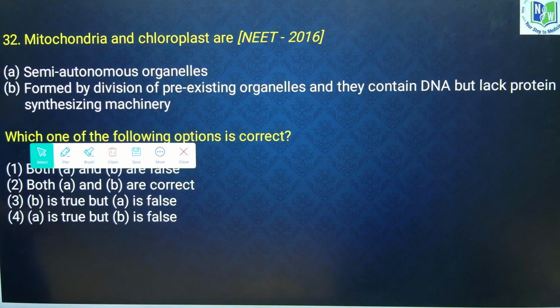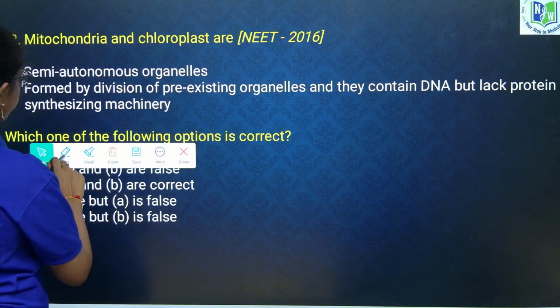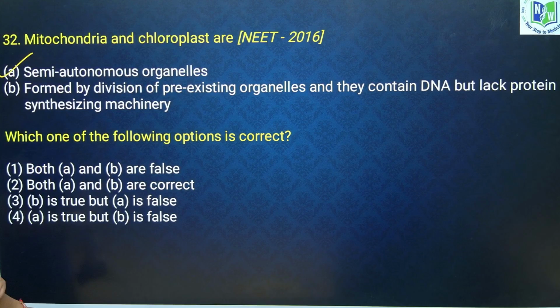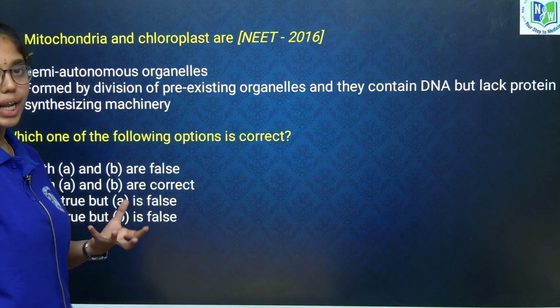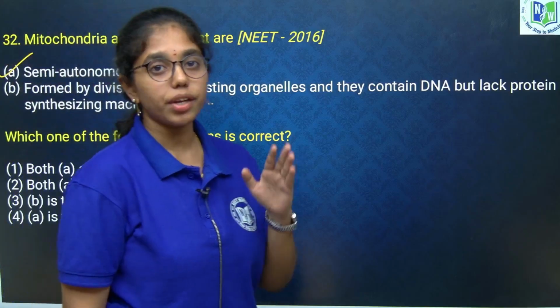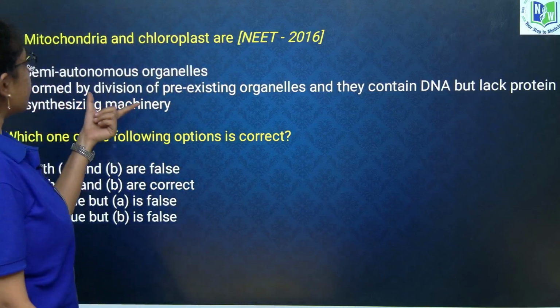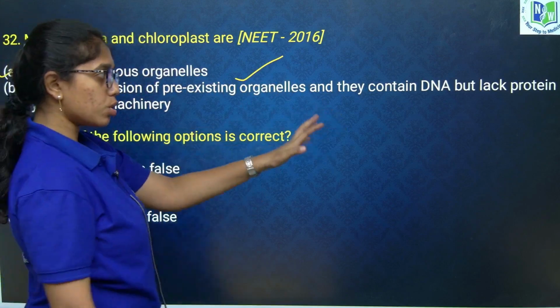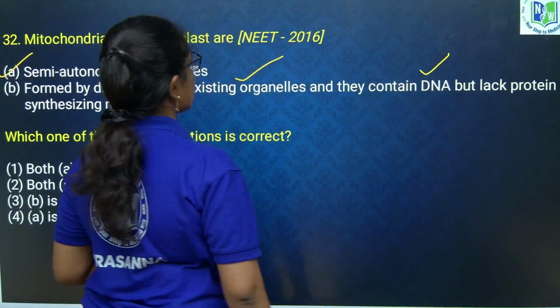This is the last question we are exercising today. Yes, they are semi-autonomous or self-replicating organelles which have their own DNA, that is double-stranded circular DNA. Formed by division of pre-existing ones, yes, they contain DNA, true, but they lack protein synthesizing machinery.